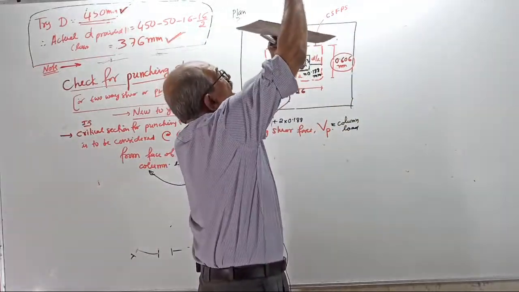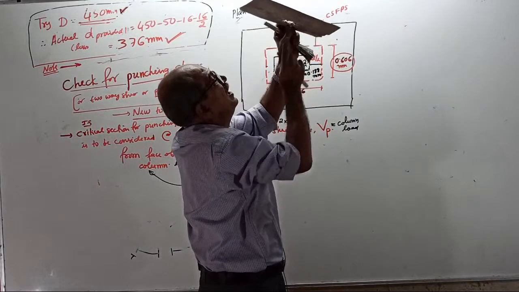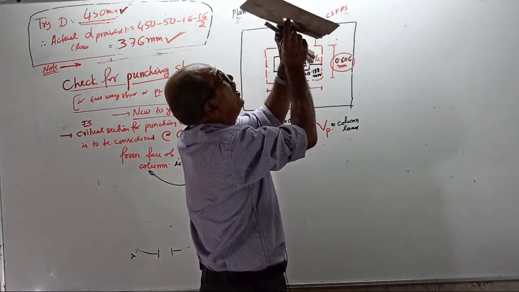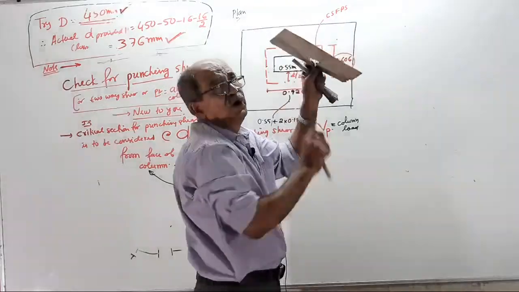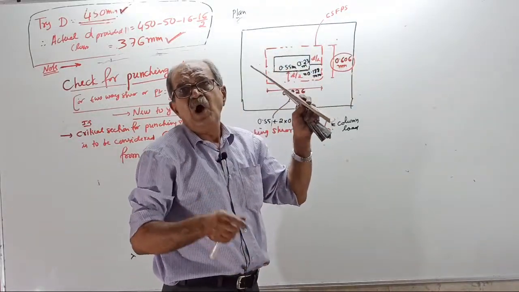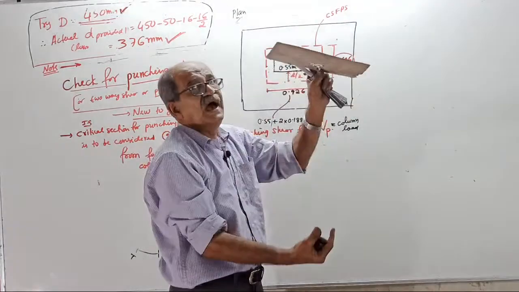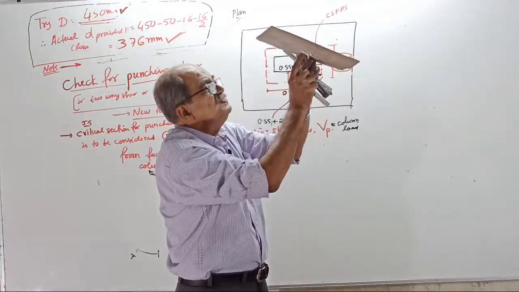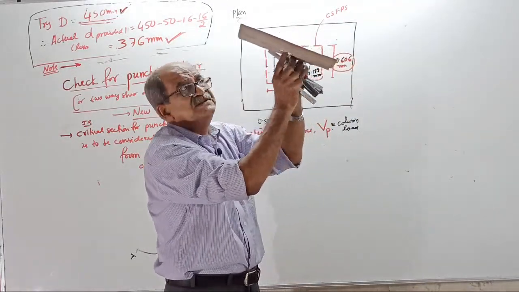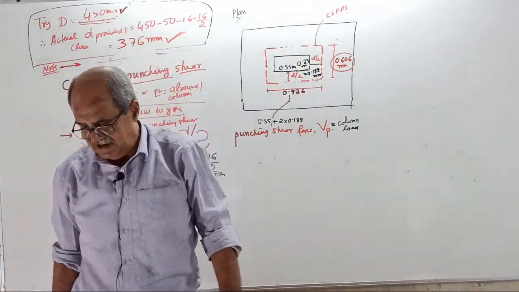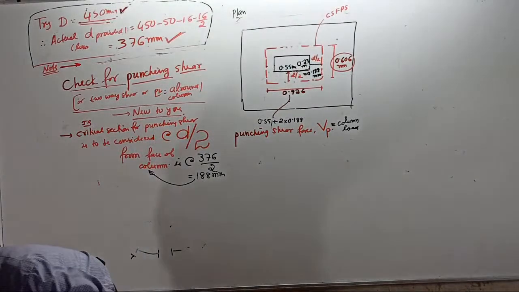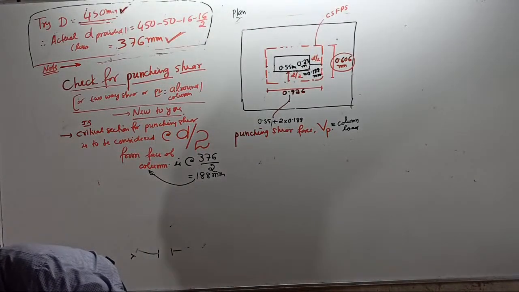Now, column load is 850. The upward pressure on this much contact area, this much plan area, will it increase the punching or decrease the punching? Tell the answer.